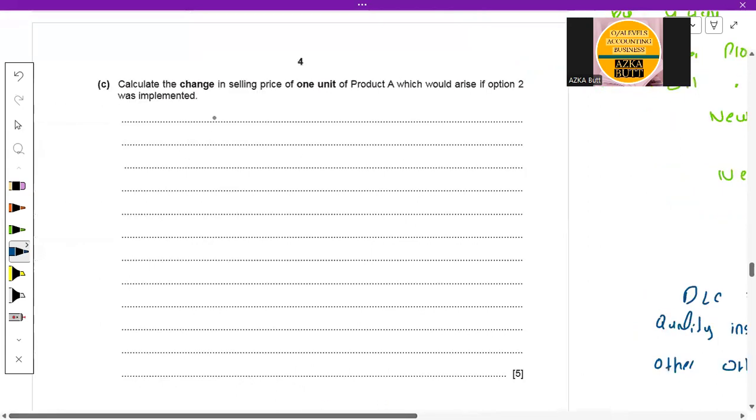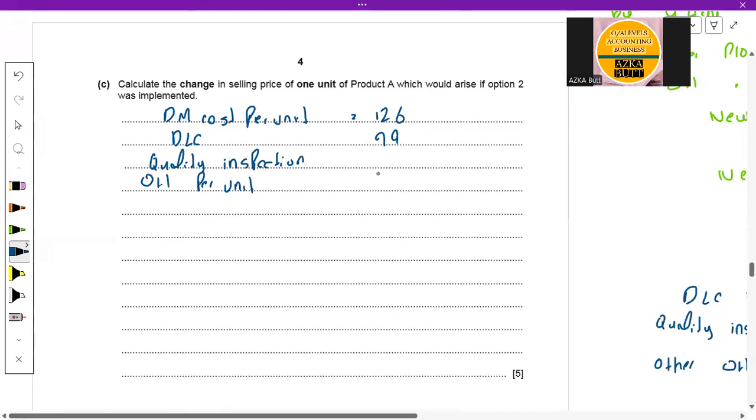Okay, so the direct material cost per unit is equal to $126. Direct labor cost, which is $99. Quality inspection overhead per unit, which is 21.60. Order processing overhead, which is 32.64.